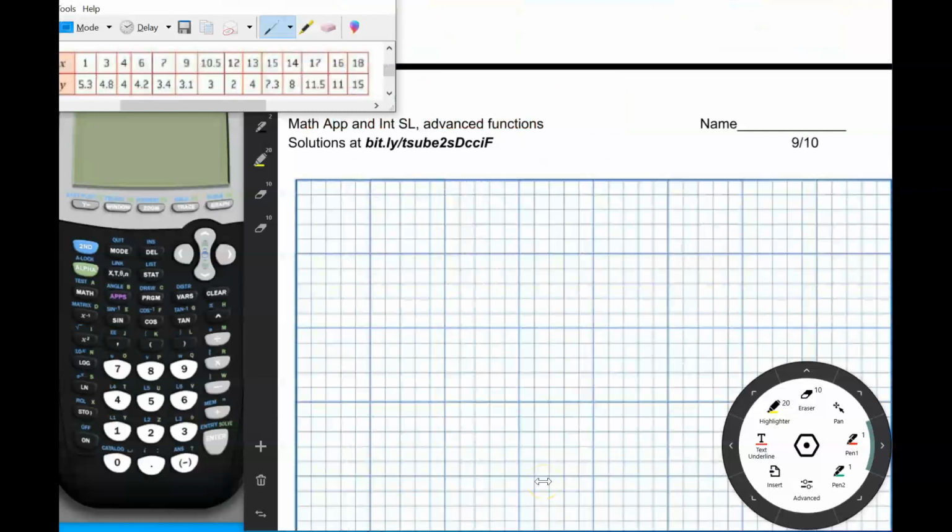Okay, so if I look at my data, looks like the smallest number in the x data is 1, and the largest number in the x data is 18. So I should go between like 0 and 20 or so for the x. For the y values, looks like the smallest data is 2, and the largest data is 15. So I should go at least up to 15 for that.